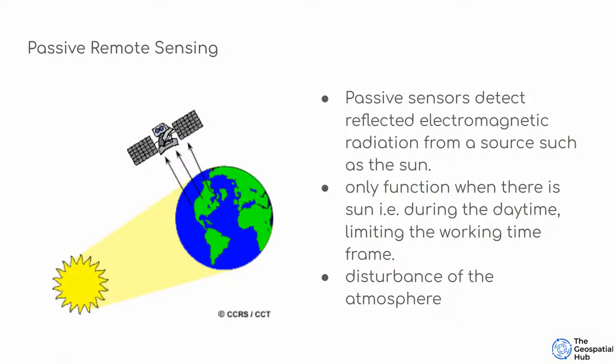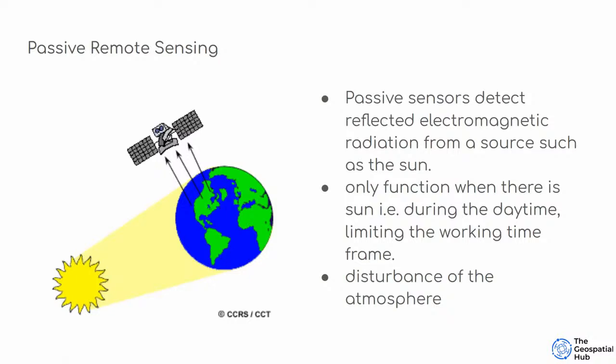So at that moment, the target will not be able to reflect back to the sensor. Basically, what is being scattered in the atmosphere is what the sensor will be reading at that point. So therefore, we have cloudy images. So that's just a wrap on passive remote sensing.